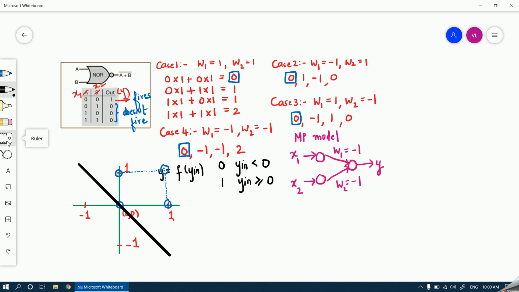I repeat, the points which are lying on the left hand side or below this particular line will indicate that the neuron will fire, whereas on the other side, the points which are lying above this particular line will indicate that the neuron will not fire. I hope this is clear to you all. Thank you.